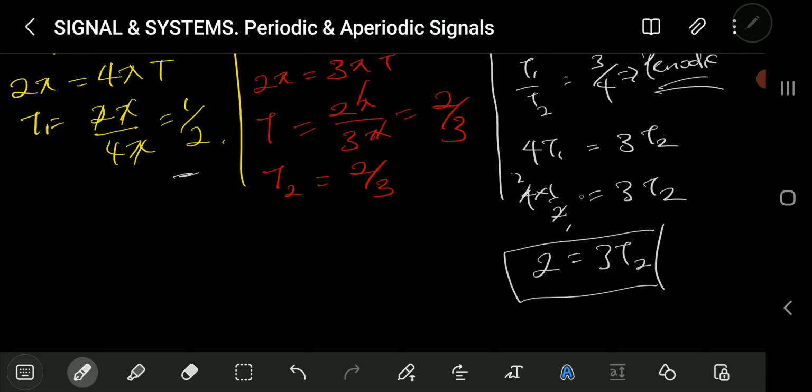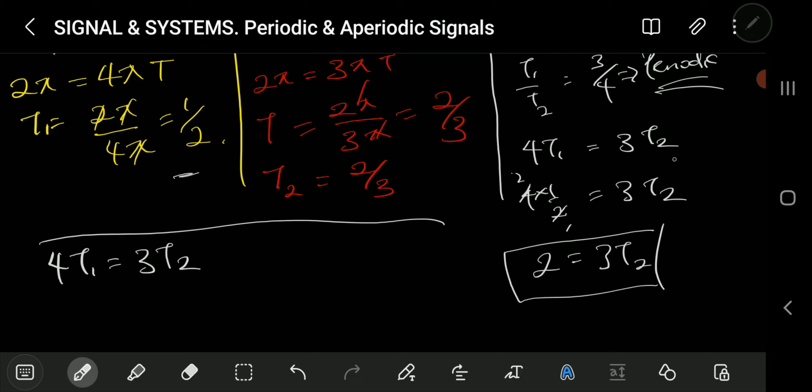Now, from here where we have 4t1 equals 3t2, if you bring in the value of t2, which is 2 over 3, you're going to be having 4t1 equals 3 times 2 over 3, and that's going to give us 2. So that means our 4t1 equals 2. So you can see that we're having 2 here giving us 2 here.